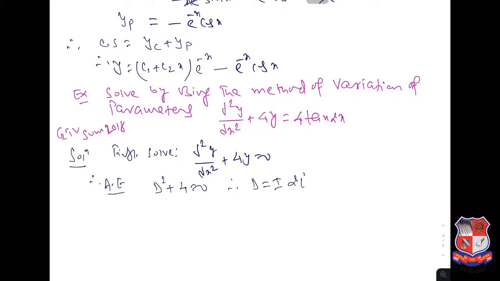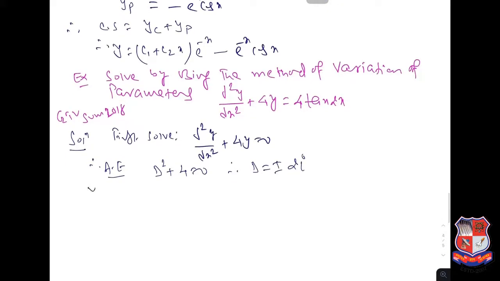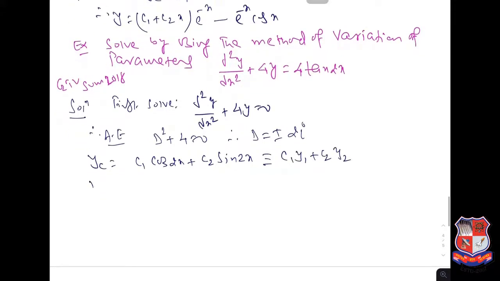It's very easy, D equal to plus minus 2i, and the complementary function is c1 cosine 2x plus c2 sine 2x. Okay, and so this is nothing but c1 y1 plus c2 y2.